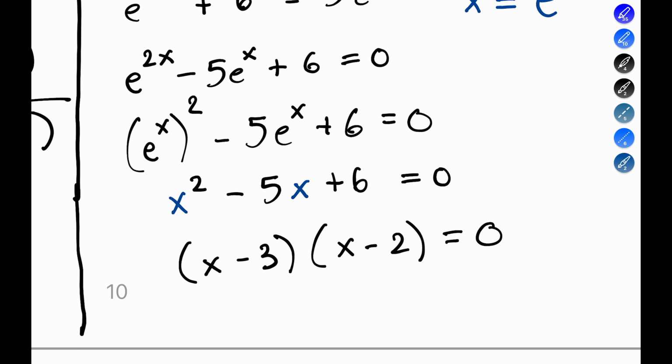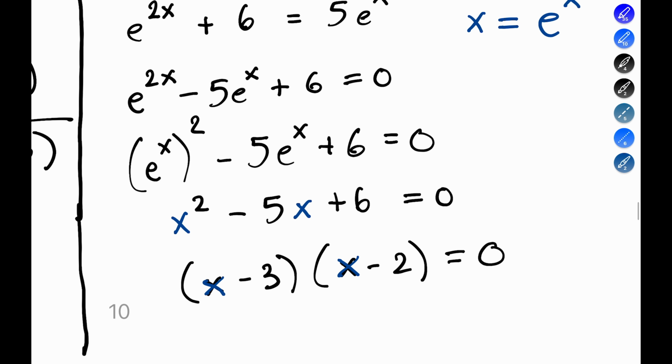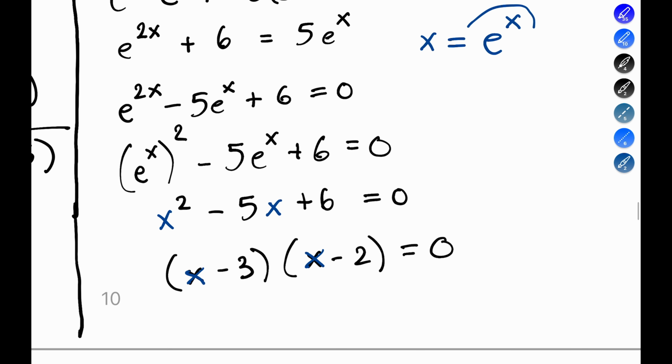And so now we could change back these x's into our e to the power of x over here. So let's do that. So this can become e to the power of x, and this can become e to the power of x as well.